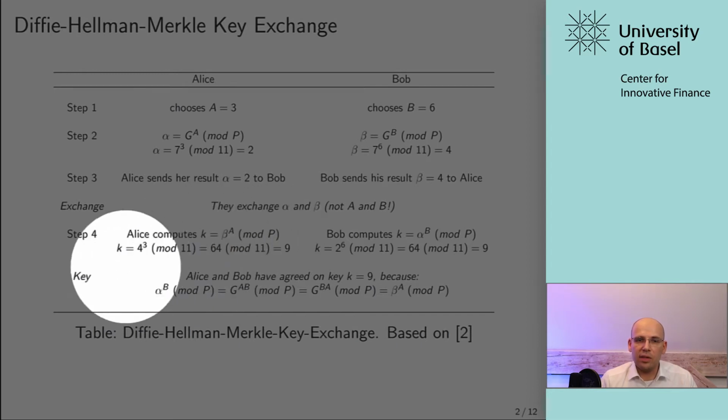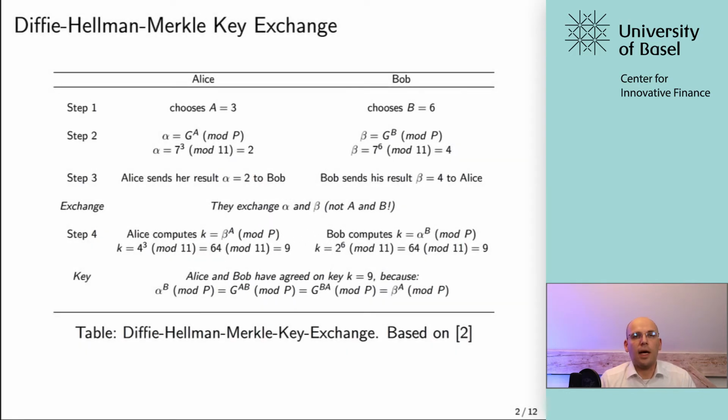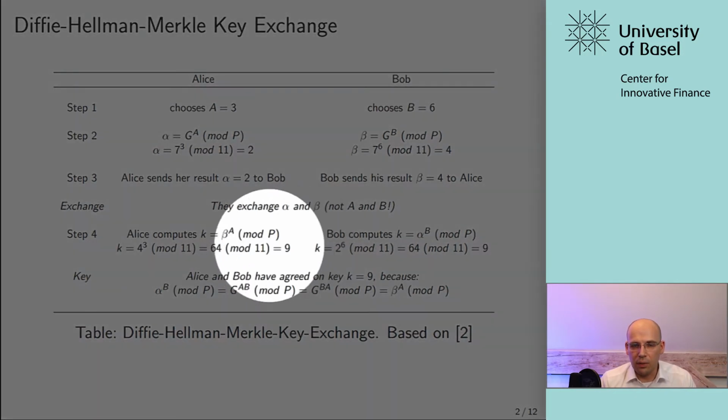That's when you just use the respective values for these parameters. That would be 64 mod 11, and that would be 9. So Alice would come up quite easily with the value 9.